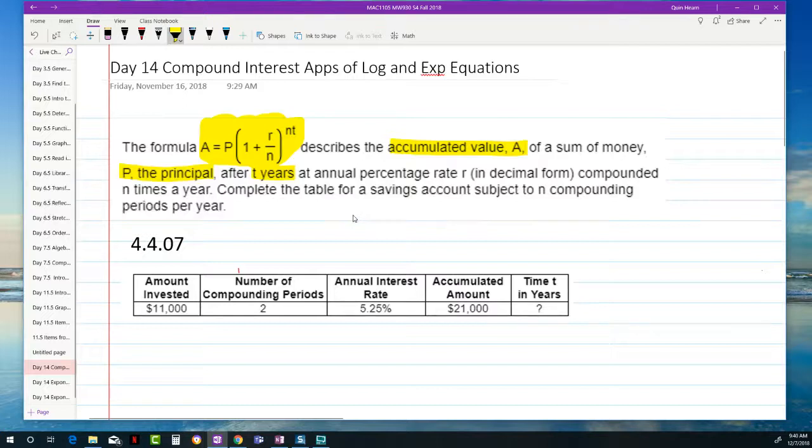And r is your annual percentage rate, and you always plug in the percentage rate in decimal form, not percent form. And finally, here's where the compounding comes in: this interest is going to be calculated n times per year.